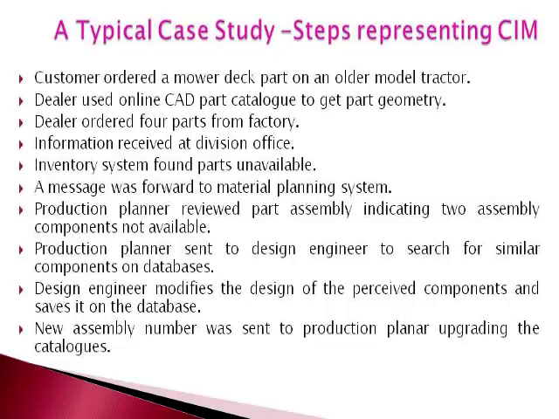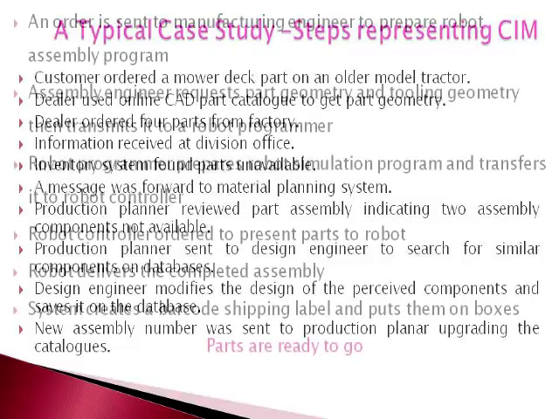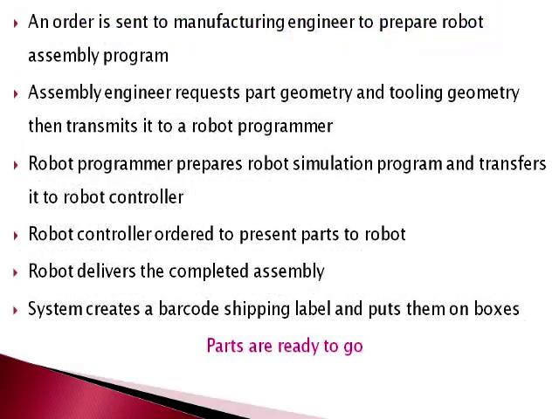So a message was forwarded to the material planning system. The production planner reviewed the part assembly, indicating an assembly robot. These things are also done. Otherwise, previously human beings only would do that, prepare the barcode, fix it onto the part, and transfer it to the shipping or warehouse.